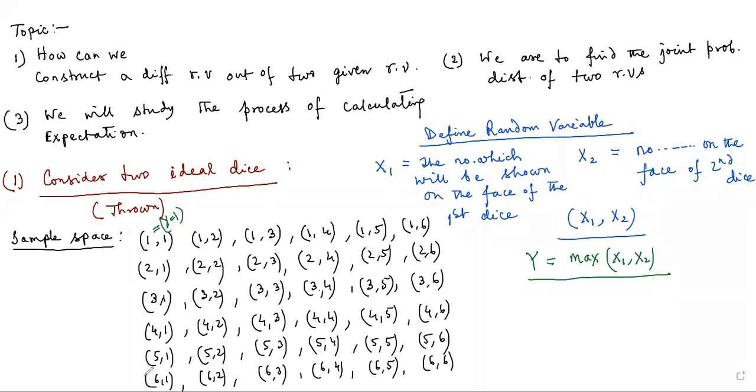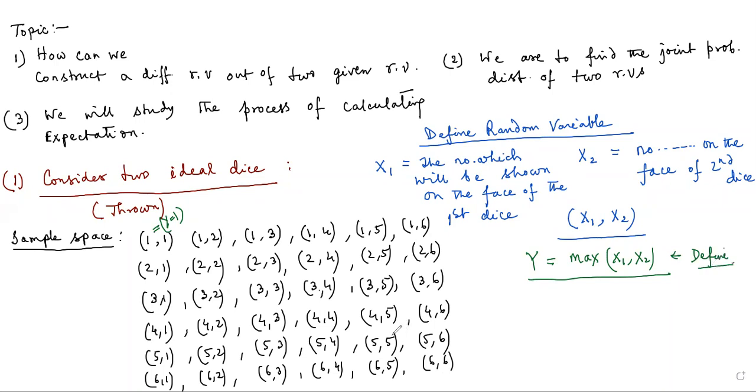For these points, the max values will be y equal to 2, y equal to 3, y equal to 4, and so on. So you can very well understand what the max values will be in this particular case. Okay, so this is my new random variable.